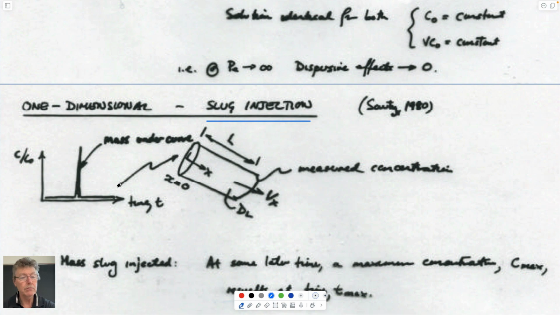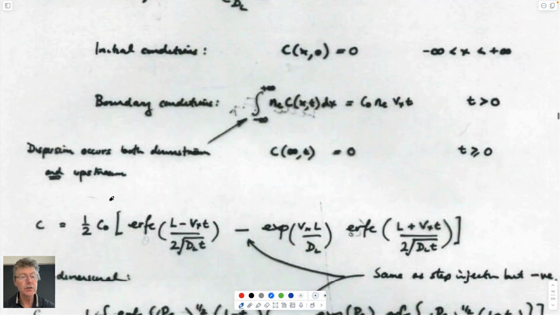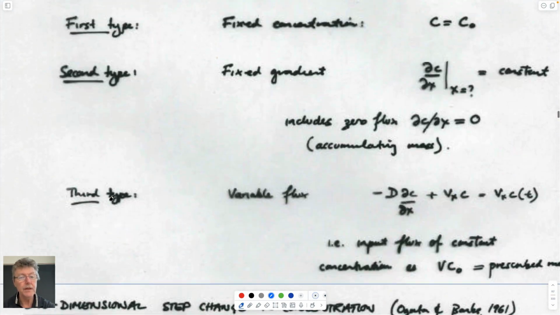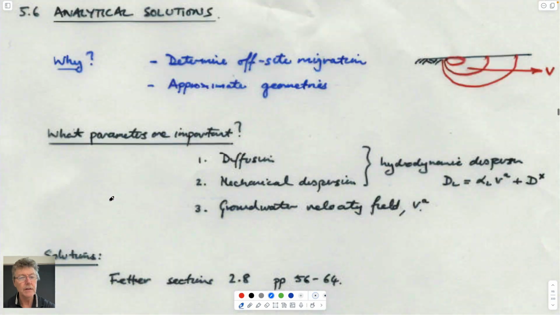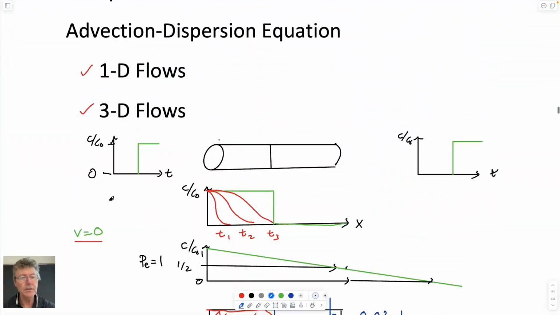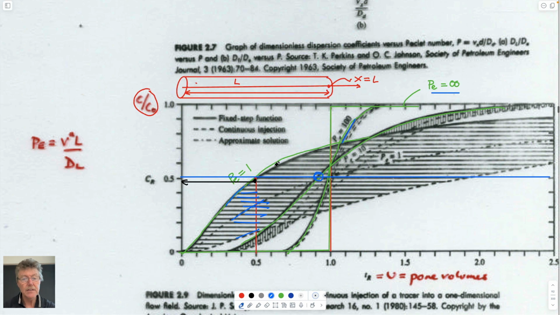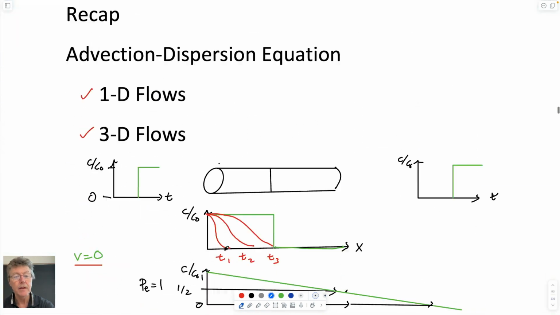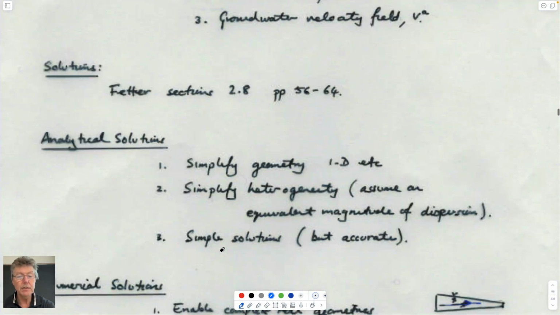And so that's why you would think in this case that the concentrations at arrival would be the lowest concentrations. So for each of those injection cases, this is the one with constant upstream concentration, this is injection at constant rate at that magnitude, and this is the so-called slug injection, because you inject a slug and then you don't inject it anymore. So we have those expressions for those and we know what they look like.